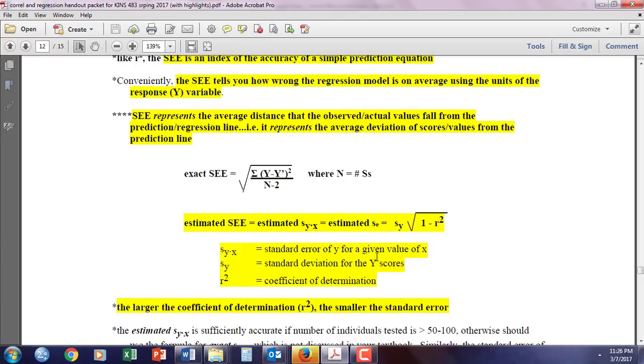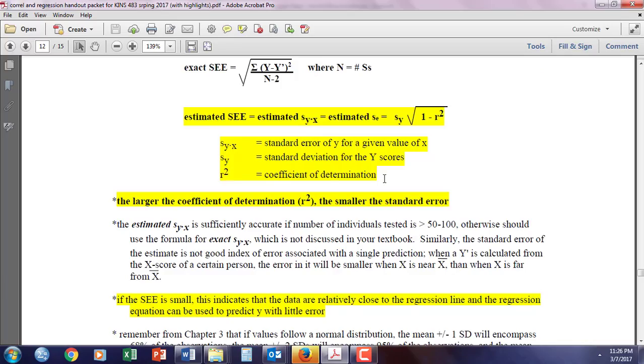And what I want you to know is we are calculating the estimated standard error of the estimate. It is error, and the theme here is we always want a smaller standard error and a larger coefficient of determination in order to know that we have a very accurate prediction. Okay?